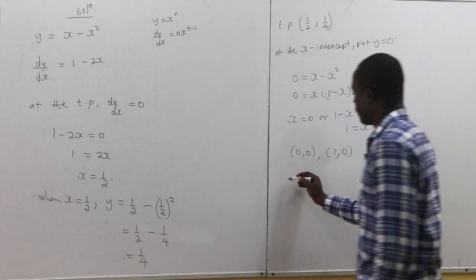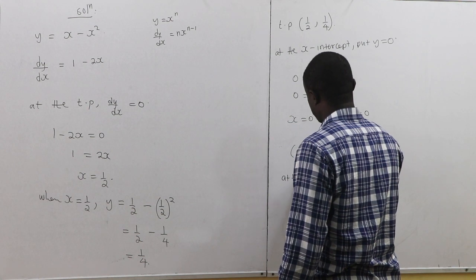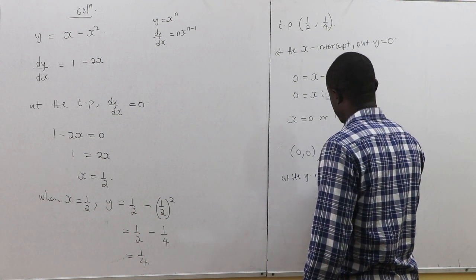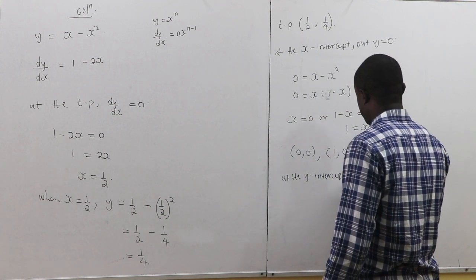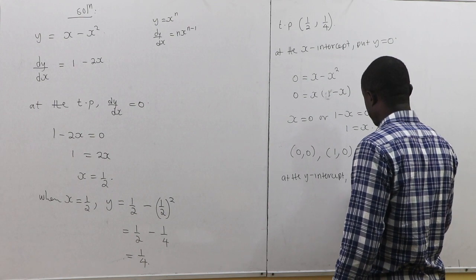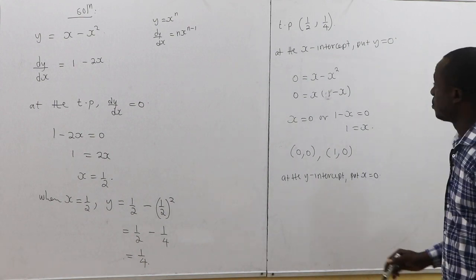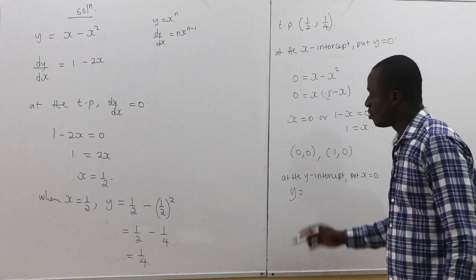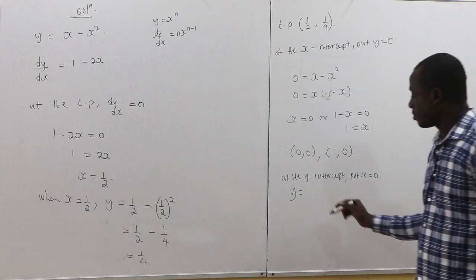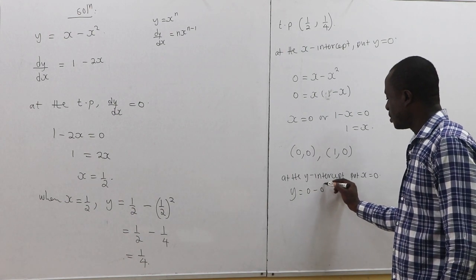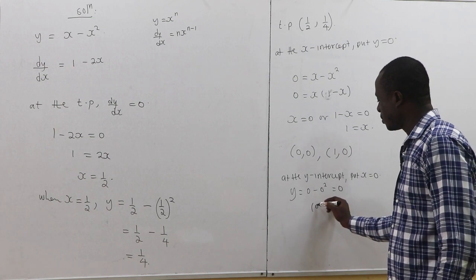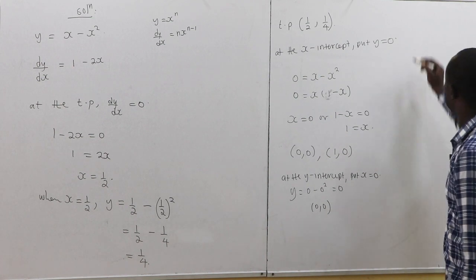Now let's see further at the y-intercept. At the y-intercept, we put x equal to 0. What do you have y to be equal to? x minus x squared, so 0 minus 0 squared, and this is 0, so we have the point (0, 0).